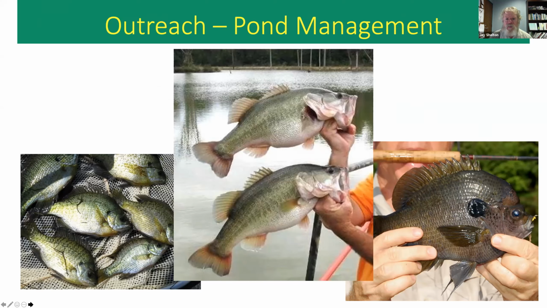A few of the things that I do in addition to teaching, however, have a direct role in what we're going to talk about today. I do work a lot with both private landowners and with resource agencies and others on various aspects of fisheries management, and that includes small impoundments.